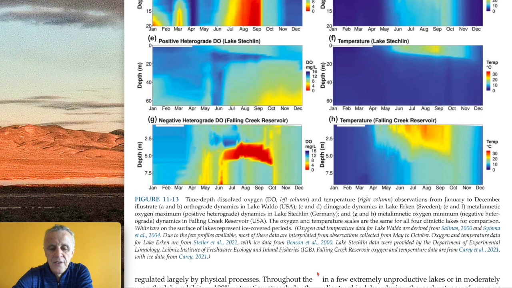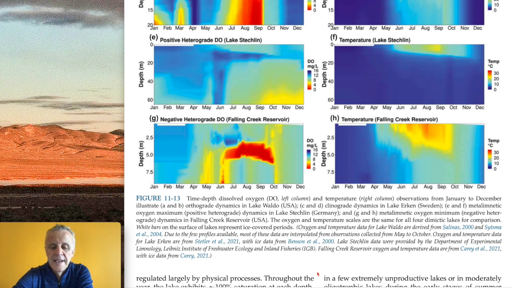So time, depth, dissolved oxygen, left column, and temperature, right column. Observations from January to December illustrate A and B orthograde dynamics in Lake Waldo, C and D clinograde dynamics in Lake Erken, and E and F metalimnetic oxygen maximum, positive heterograde dynamics in Lake Stechlin, and G and H metalimnetic oxygen minimum, negative heterograde dynamics in Falling Creek Reservoir.